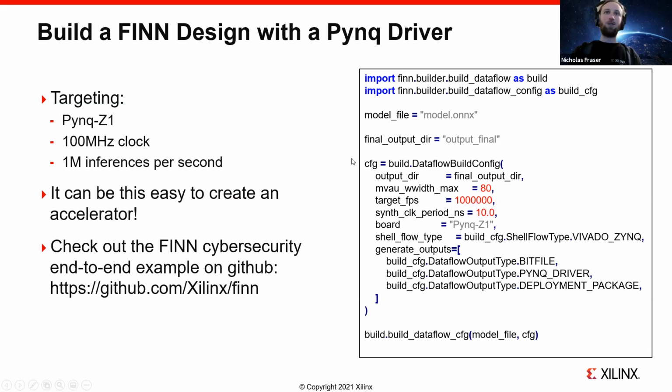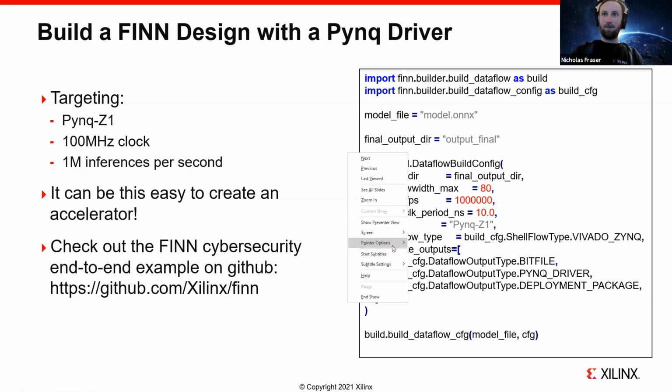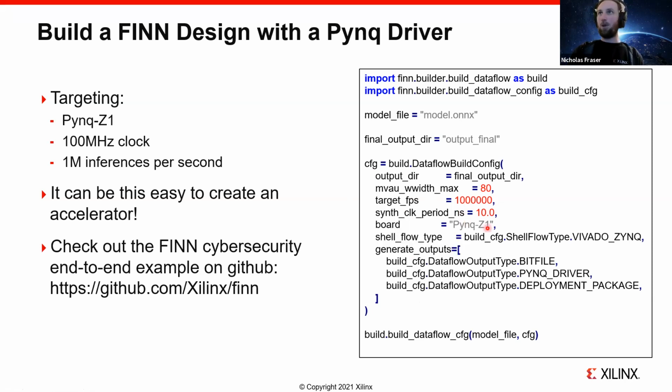And in here, you can do things like specify your clock frequency. So here, 100 megahertz, specify your target frames per second. So here, 1 million frames per second, your target device, and whether or not you want a PYNQ driver, and so on. My suggestion, if you want to try this, is to go check out FINN, and go check out, there's an end-to-end example on cybersecurity that's in one of the examples there.